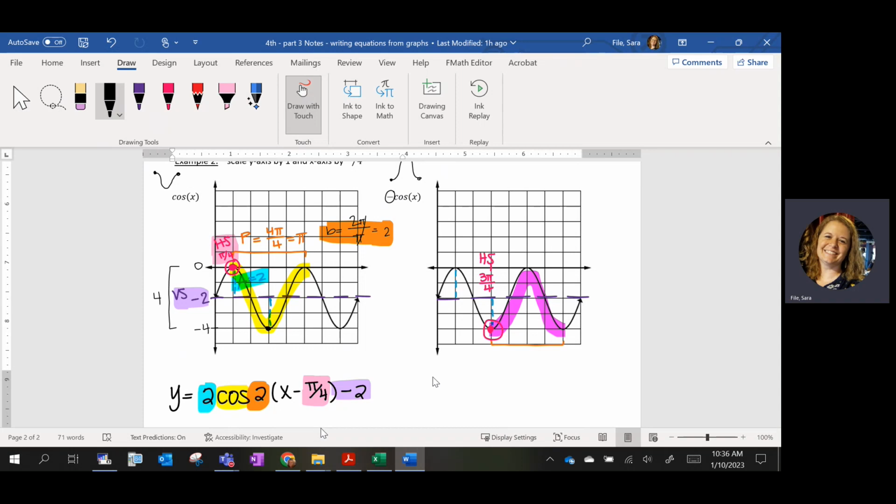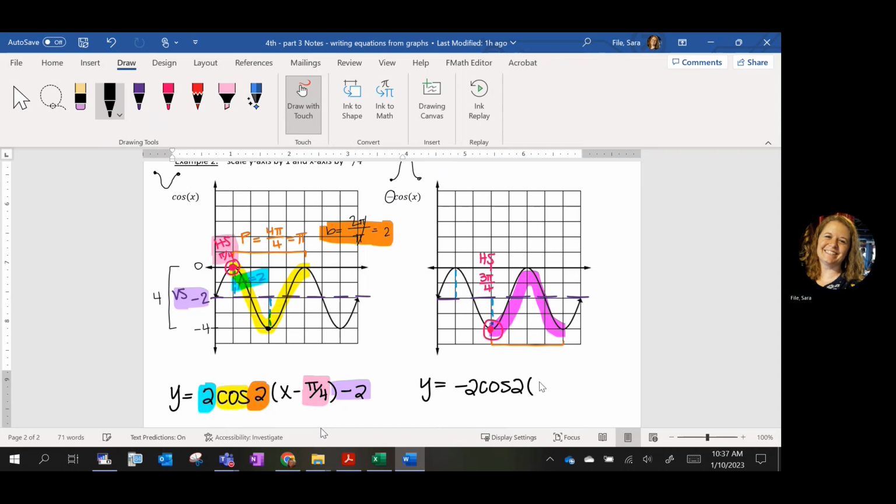So what would I write to put this in terms of negative cosine? What would this equation over here be? What's going to be different about it than this one we just wrote? It's going to be negative. Is the amplitude going to change? Okay, it's still cosine. It's just negative cosine this time. Is the b changed?